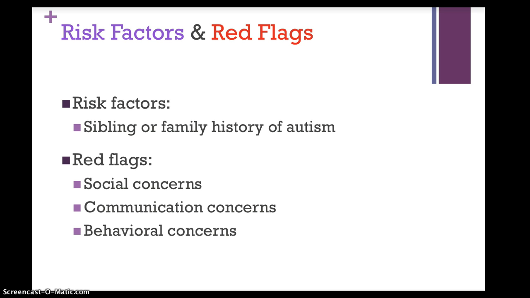The red flags that you may see at school, or may be brought to you as a concern if you're a psychologist at school, are the student dealing with social concerns that point towards the possibility of this diagnosis, communication concerns, and also behavioral concerns. Those are the three big domains of concern with this diagnosis.